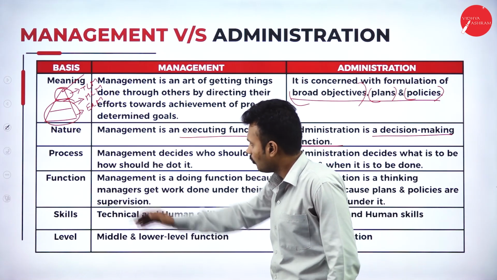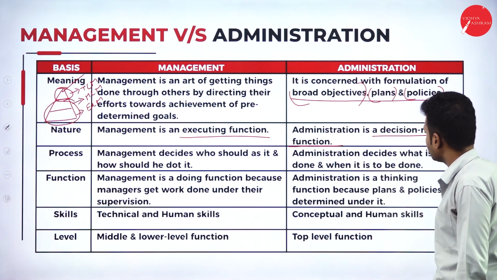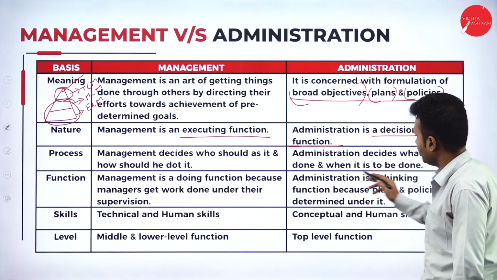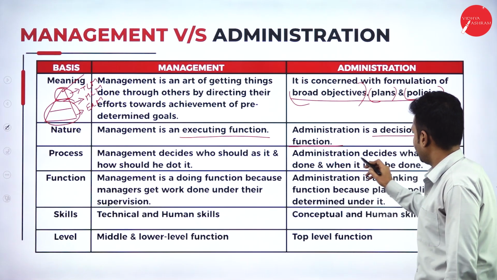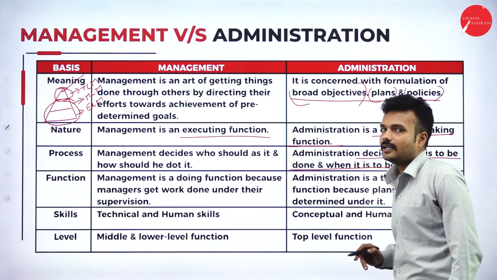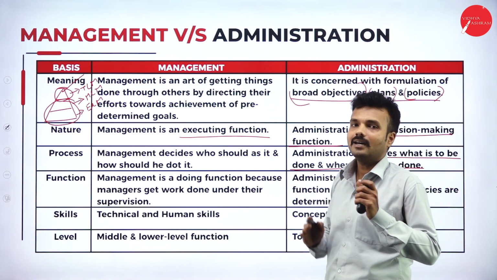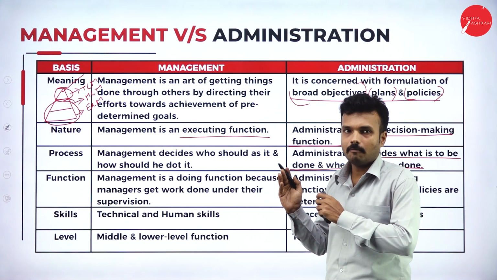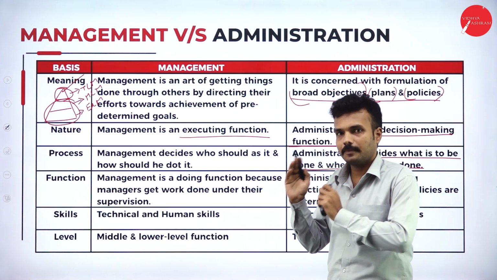So the third one, what is the process? Administration decides what is to be done and when it is to be done. As we know, the administration is a decision making authority. It is going to decide what task must be performed and when the task must be performed.